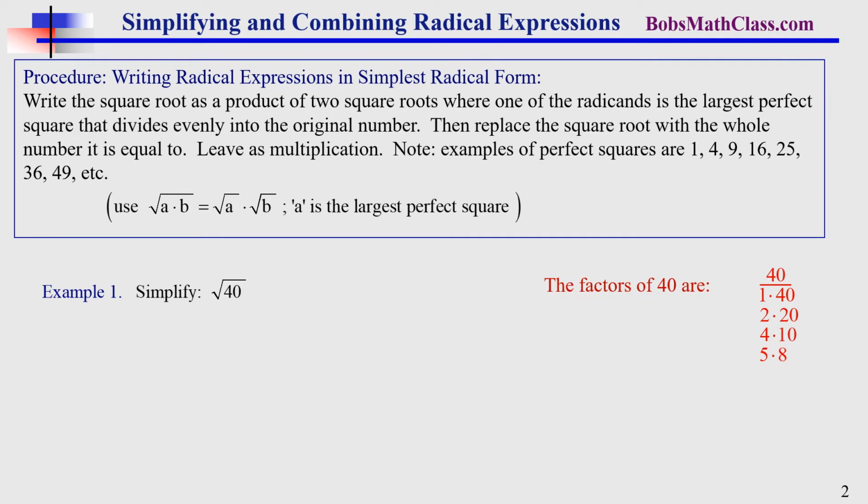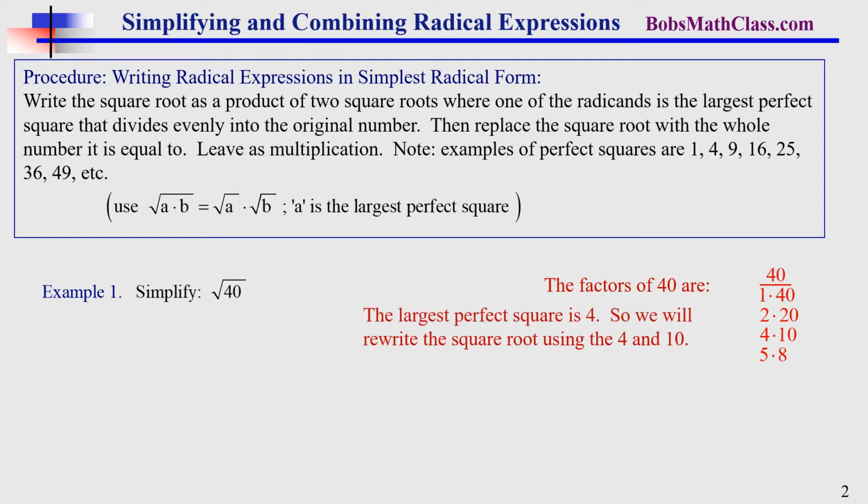Right, the 4 times 10. So we're going to rewrite this as the square root of 4 times the square root of 10. The largest perfect square is 4, so we're going to rewrite it using the 4 and 10.